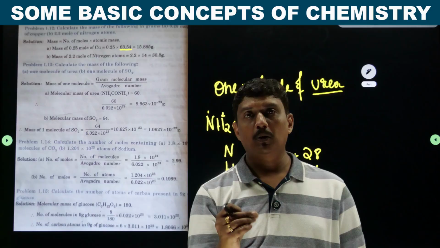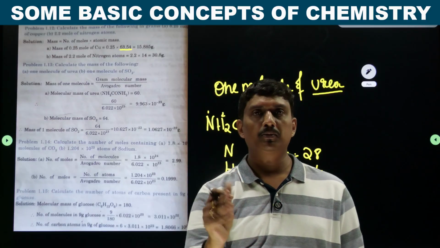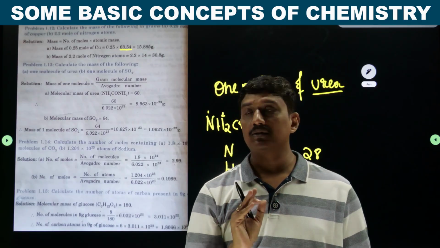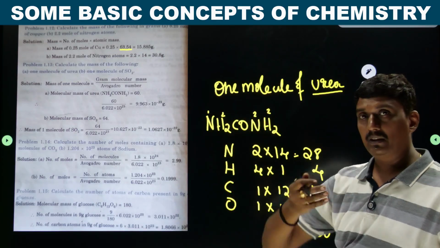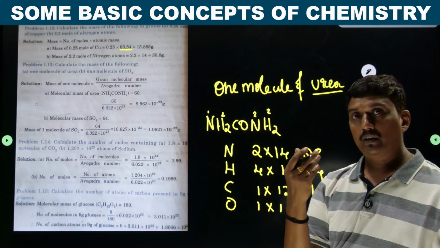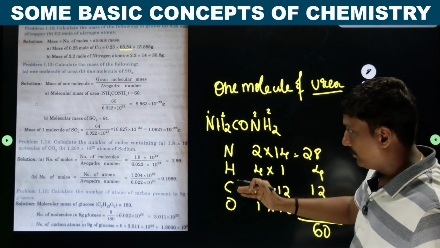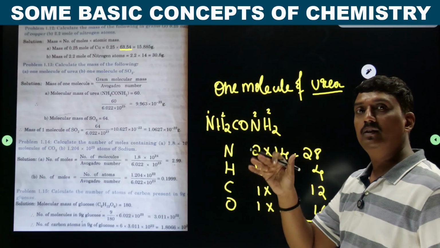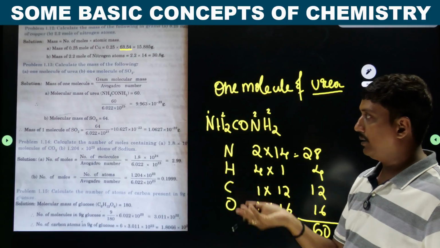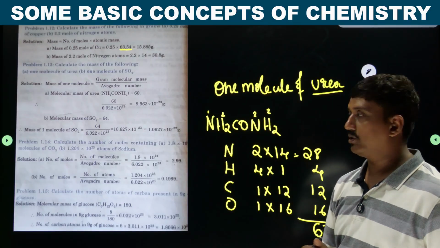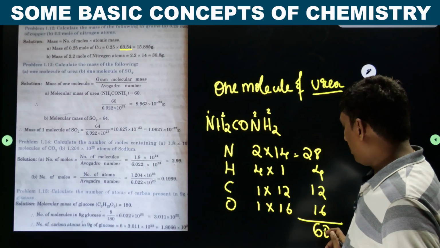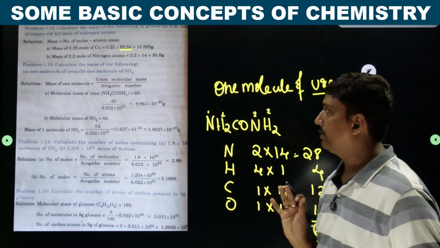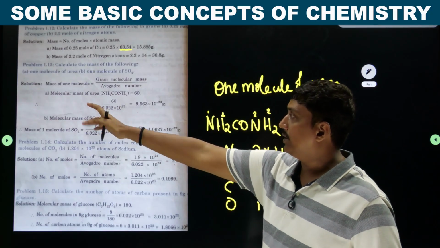If you know the molecular mass is 60, you can solve the question very easily in simple steps. Because this is a first class and you are in the learning process, I am writing each and every step, but you should be familiar with this, so you can skip these steps and get the answer within 1 or 2 steps. Fine. So you got the gram molecular mass, 60 grams. What is the question here?